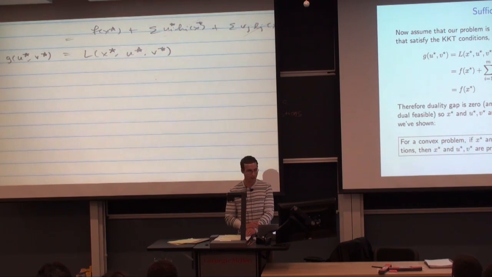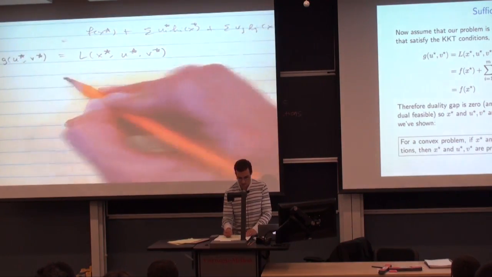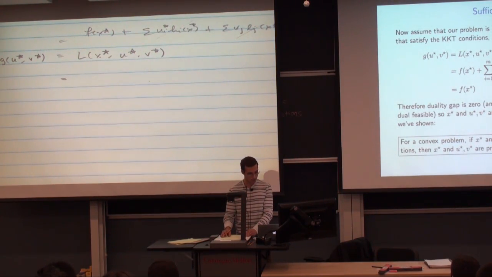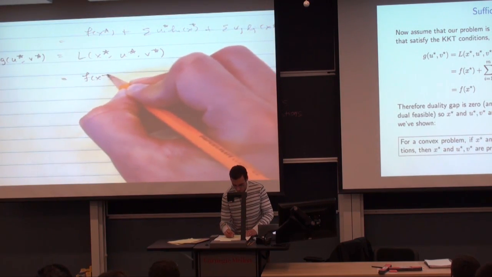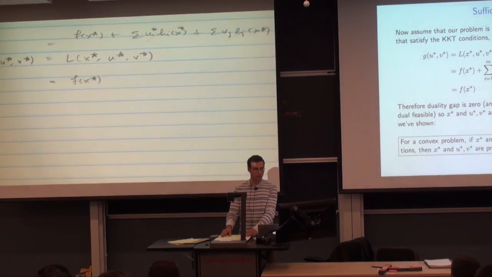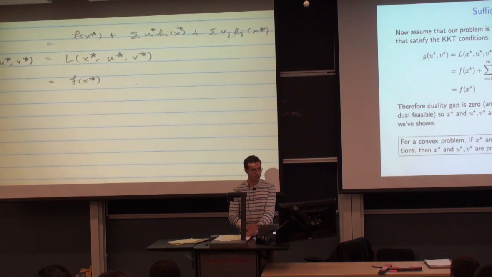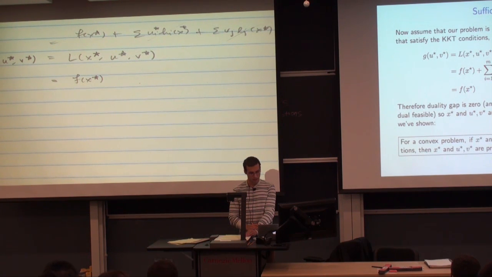So I can immediately say that if we satisfy the KKT conditions, and I just expanded this here as the same thing, right? And because each of these is 0, I get exactly f of x star.